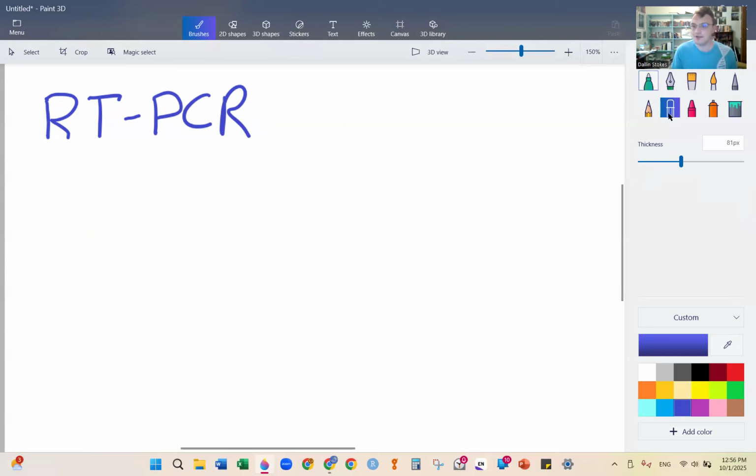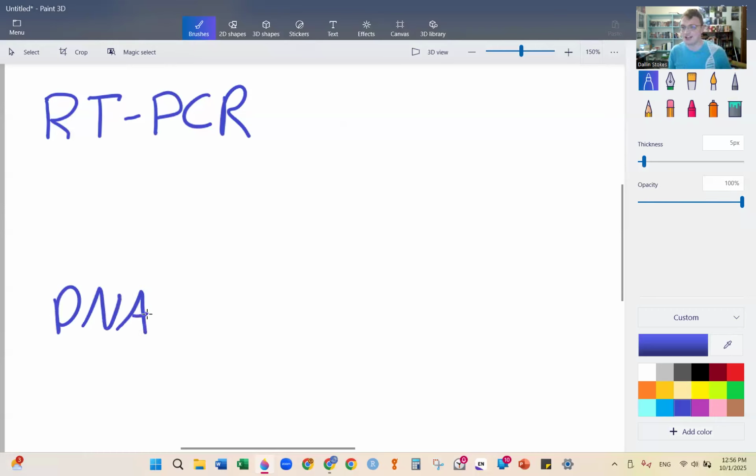Now, for RT-PCR to make sense, we kind of have to dip a little bit into what we're going to learn in week 5. So in week 5, we're going to talk about what's called central dogma. So basically, so far, you've learned that DNA is the instructions for the cell, right? It's got genes in it that have instructions in them. Well, what are they instructions for? Turns out that there are molecules in the cell called proteins.